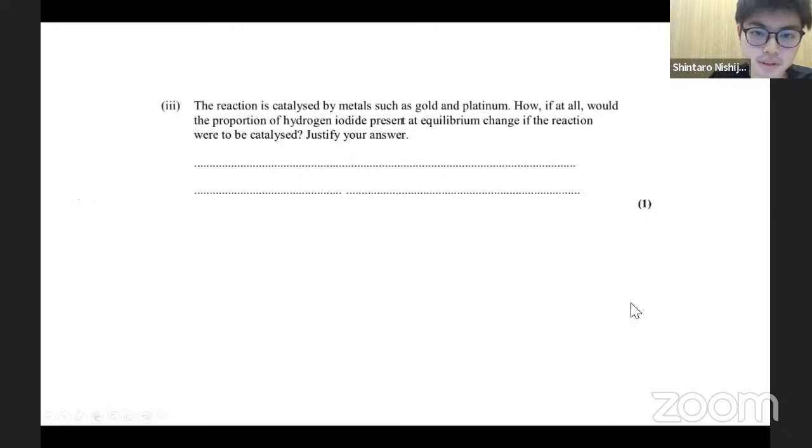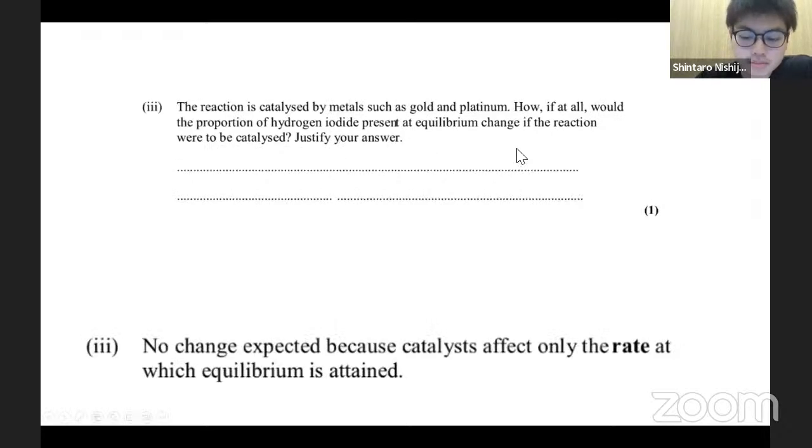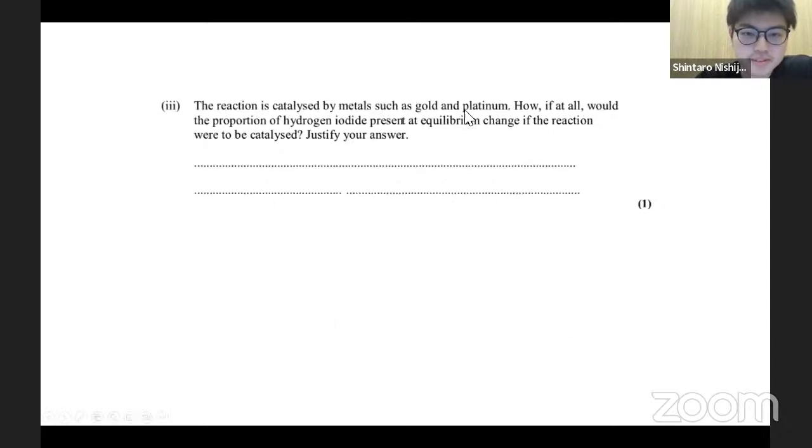Okay, I think the last question is to do with catalysts. The reaction is catalyzed by metals such as gold and platinum. How, if at all, would the proportion of hydrogen iodide present at equilibrium change if the reaction were to be catalyzed? Justify your answer. Do people want to put in the chat what they think the answer is?